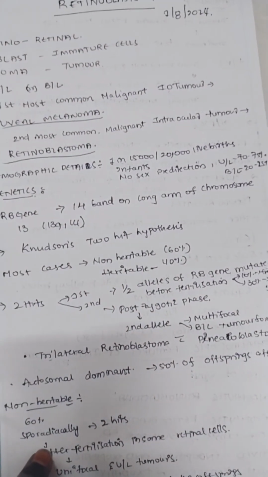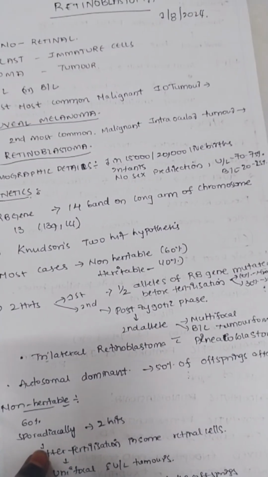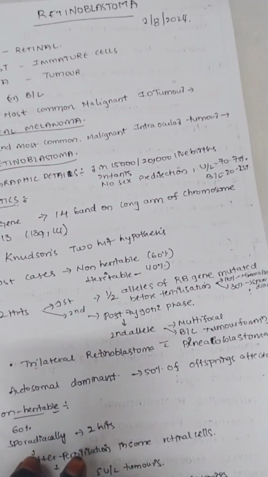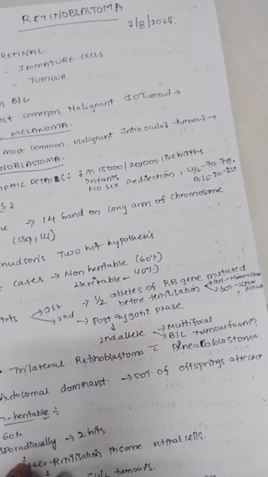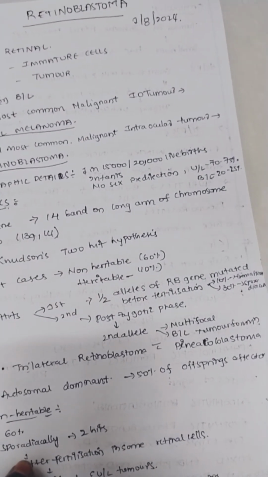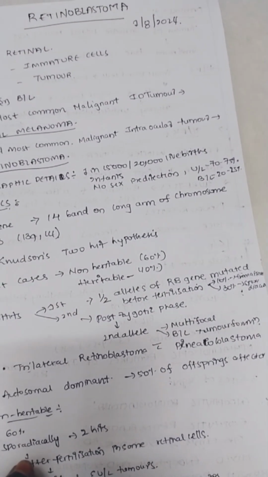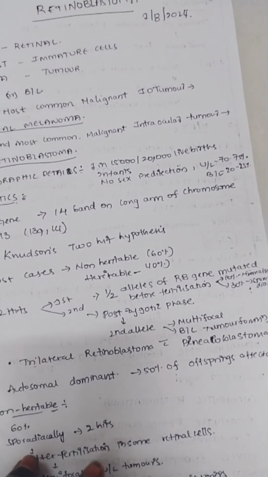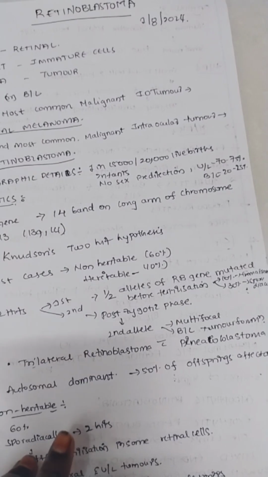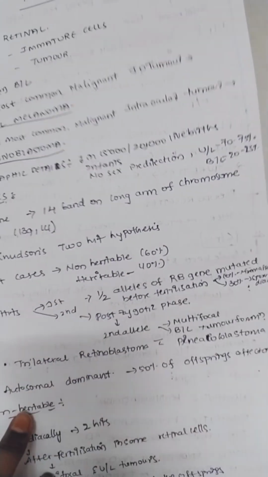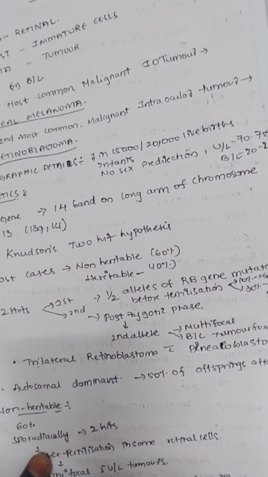Heritable means one of the two alleles of the RB gene might get mutated before fertilization, which leads to retinoblastoma. 10% occur this way, from the defective allele inherited from the parent, and 30% are sporadic cases, occurring in the post-zygotic phase.